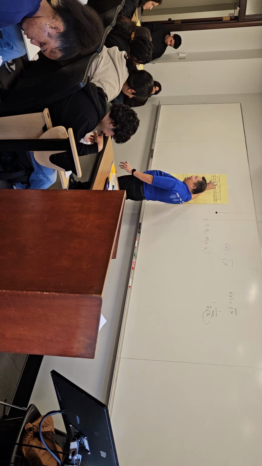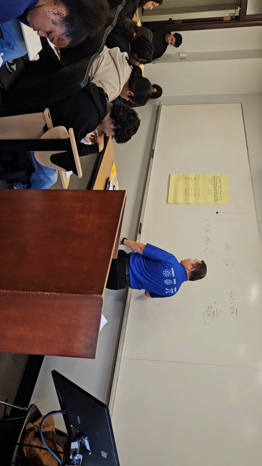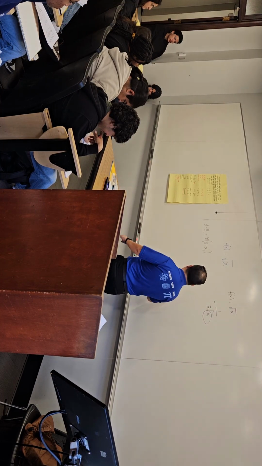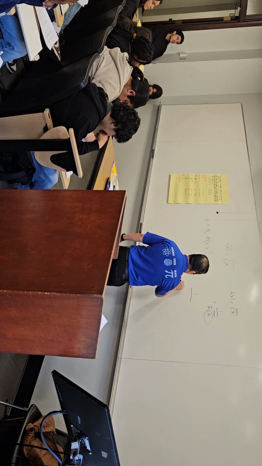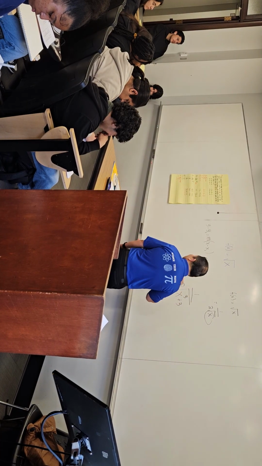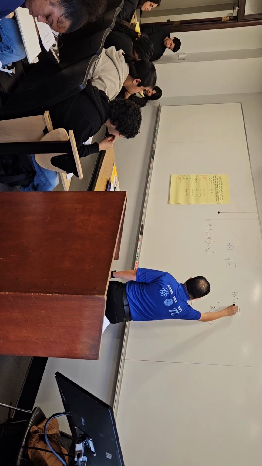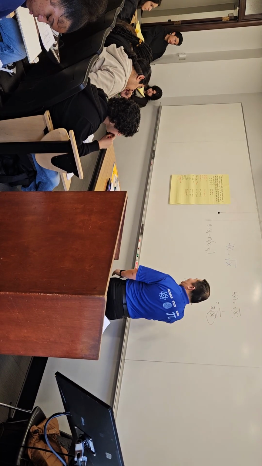On the inside of the aquarium, what is inside? x cubed plus 3. Therefore, the derivative of that would be, do you get me? This is the invisible x, the inside.